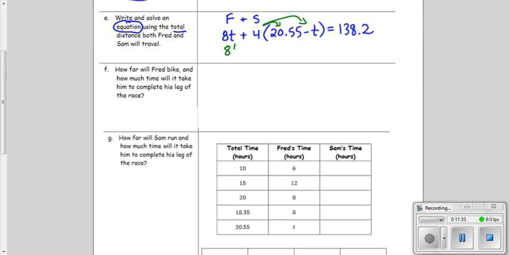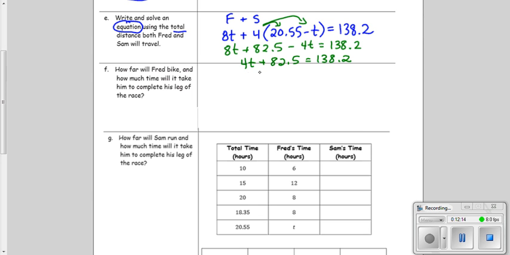Bring down the 8t. 4 times 20.55 is 82.5 minus 4 times t is 4t, and that is equal to 138.2 miles. Then we will use addition and subtraction. We can subtract 4t from 8t using any order. 8t minus 4t is 4t plus 82.5 is equal to 138.2.